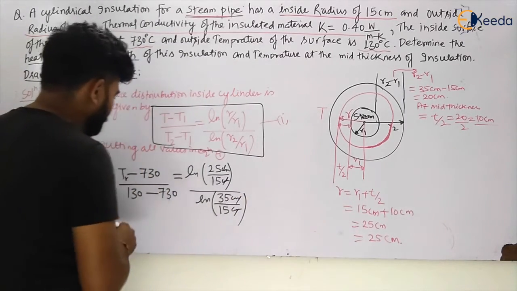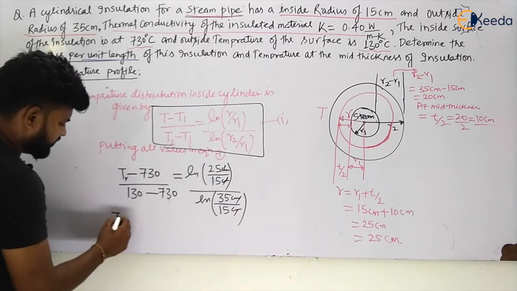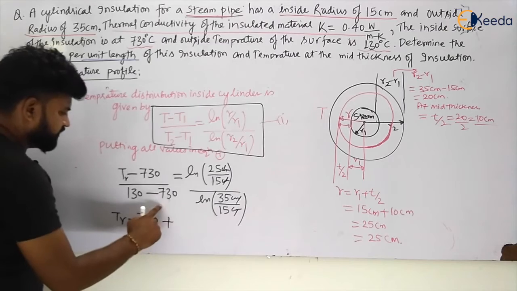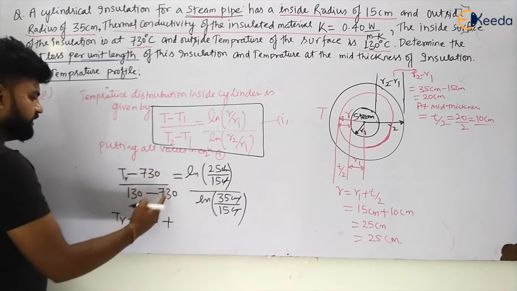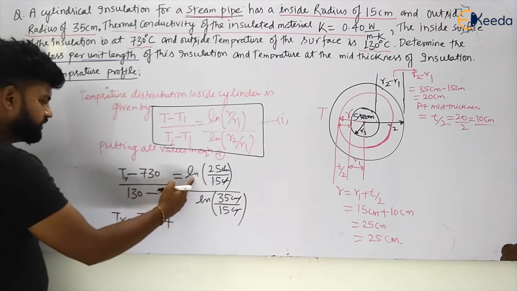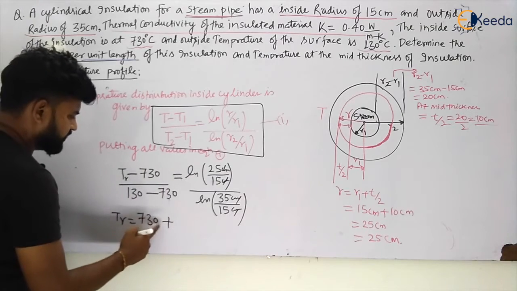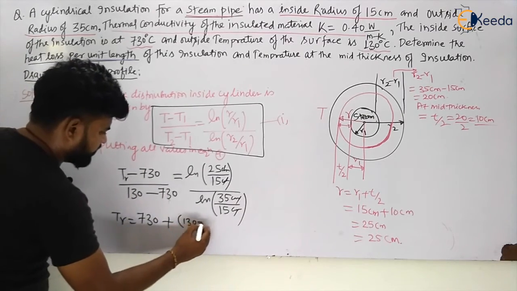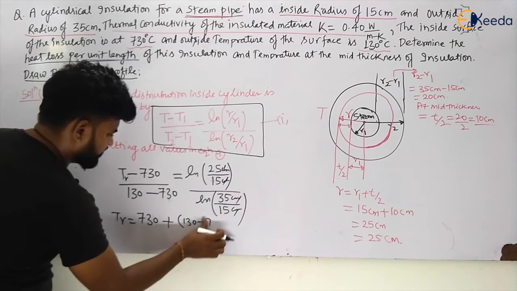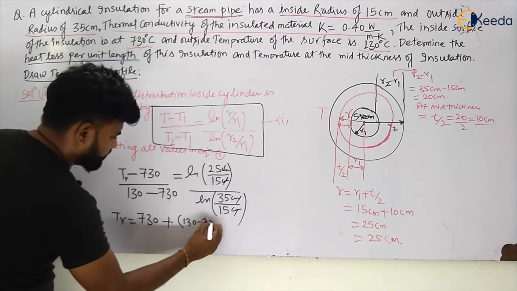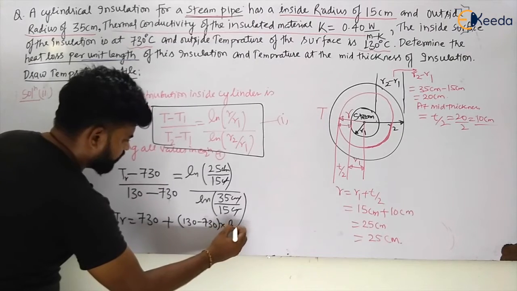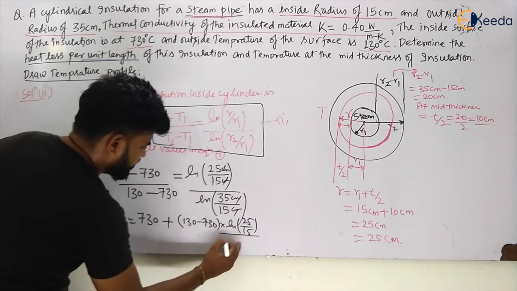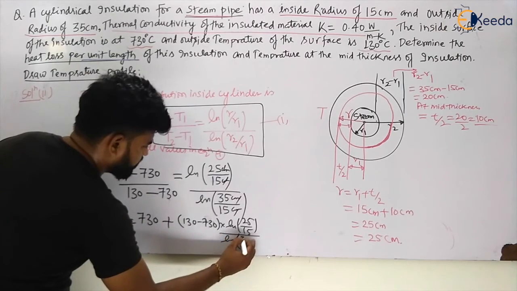So can I calculate the T at R, my dear students? Yes. T at R will be equal to 730 plus (130 minus 730) multiplied by ln of 25 by 15 divided by ln of 35 by 15.